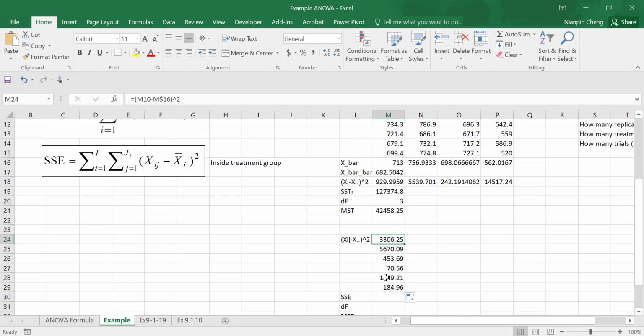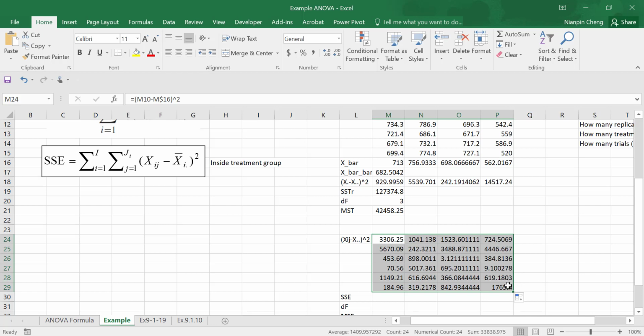That's all type 1, just 1 treatment. And then since I already fixed the row, I can just copy this formula.